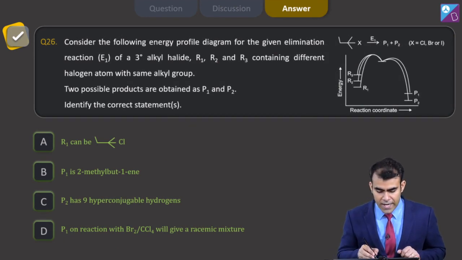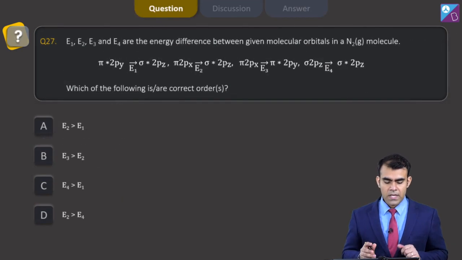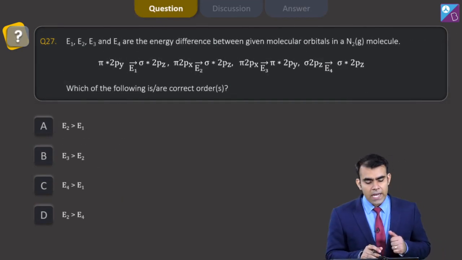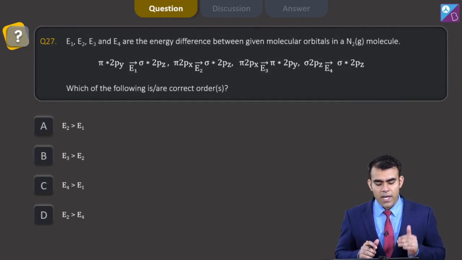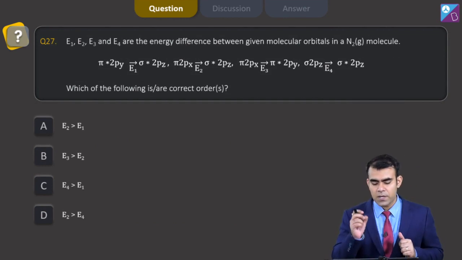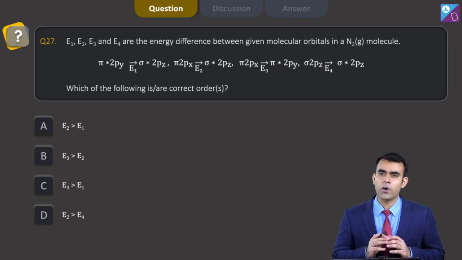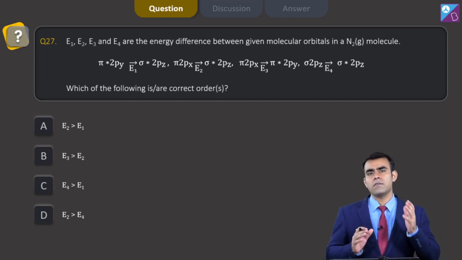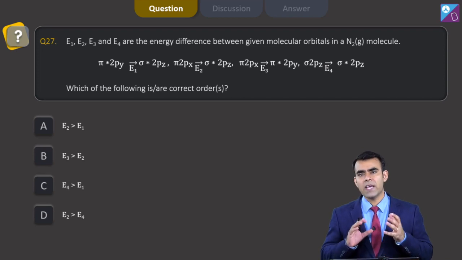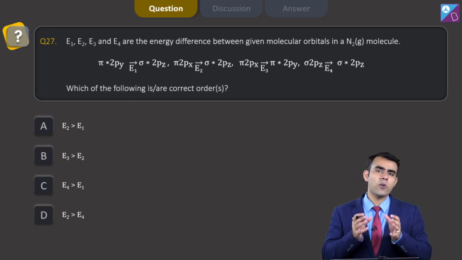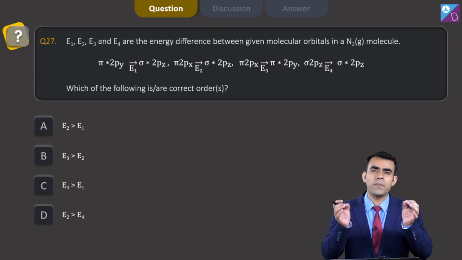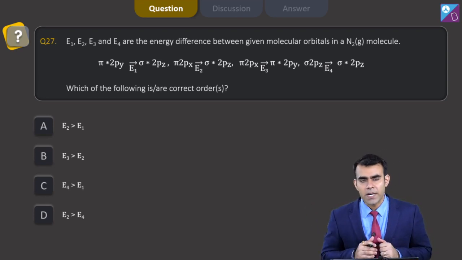Now moving on to my next question, question number 27. In question number 27, we have been given E1, E2, E3 and E4 as the energy differences between given molecular orbitals in an N2 molecule. In molecular orbital theory, we have studied the energy of the different molecular orbitals formed by the combination of atomic orbitals.